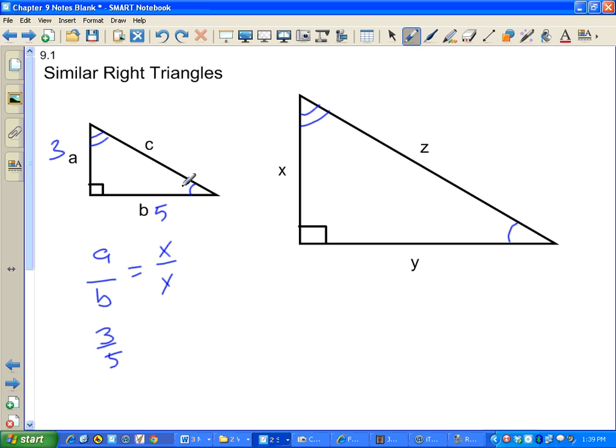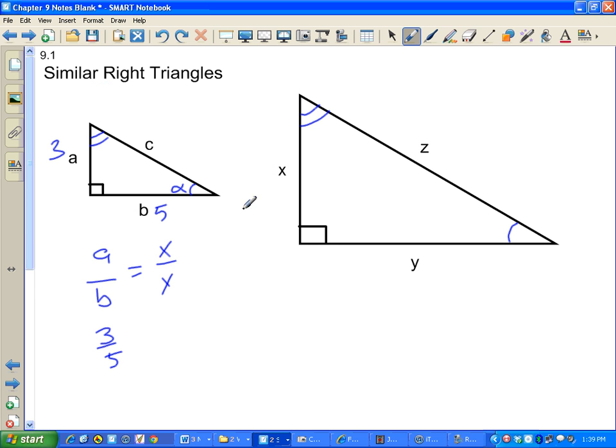And that would only occur on right triangles that have whatever angle this happened to be. I don't know what it is, but if we call this angle alpha, any other right triangle that has angle alpha is also going to have a 3 to 5 ratio between the sides that are across and adjacent to this angle. Okay, so that's the basis of trigonometry, and that's what we're going to start building on.